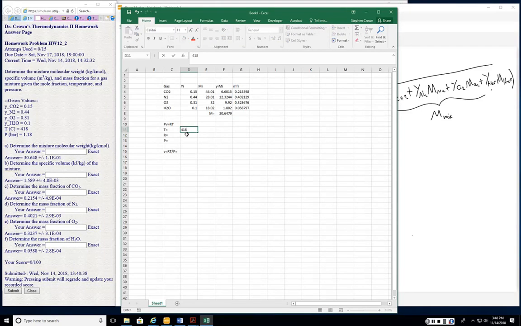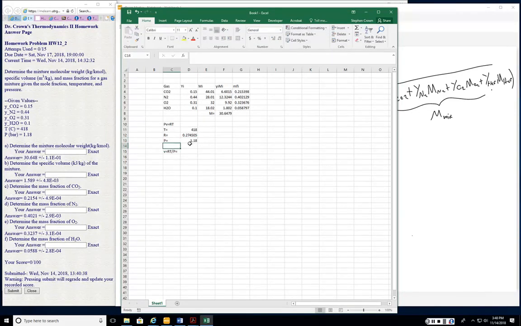It's in absolute temperature, so that's good. R equals 8.314 kilojoules per kilogram Kelvin. So if I divide R bar by the mixture molecular weight, I will have the gas constant, 0.2745, and then the pressure is 1.18 bar.